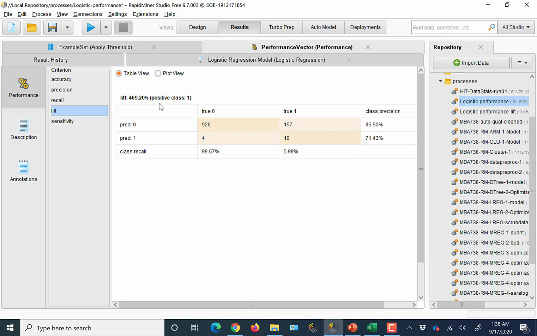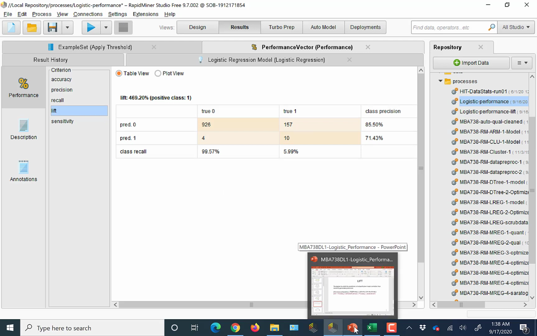So I've shown you in this little tutorial how RapidMiner computes these different performance metrics for binary classification, namely accuracy, precision, recall, and lift. And so I will end this particular tutorial here.